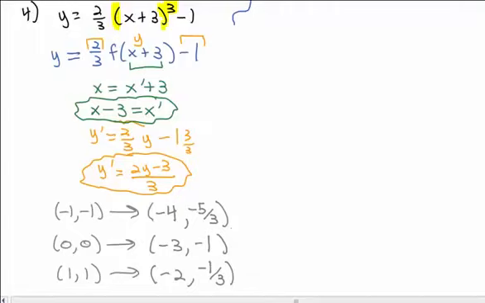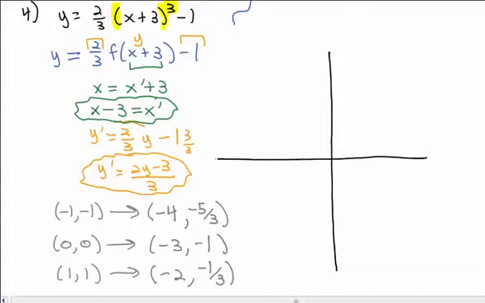And we have our 3 key points. So let's graph it. We need to go thirds going up, so I'm going to make my going up a little bit bigger and going down a little bit bigger so that we can identify where those thirds are. So the first point is at (-4, -5/3). Our second point's at (-3, -1).